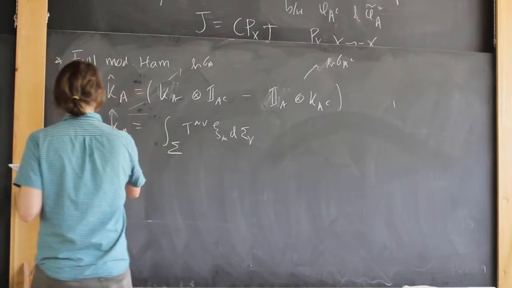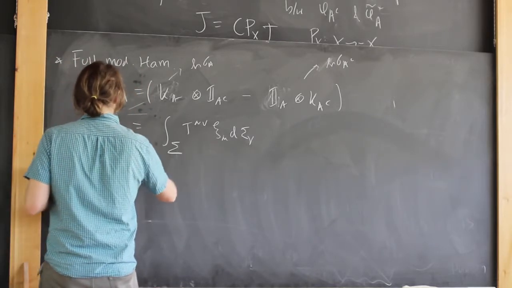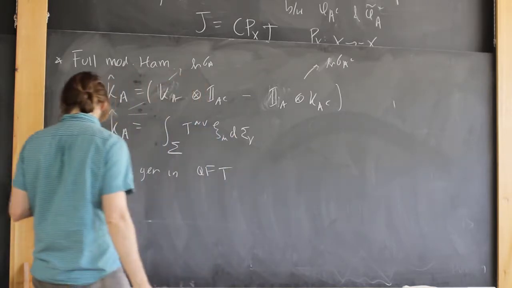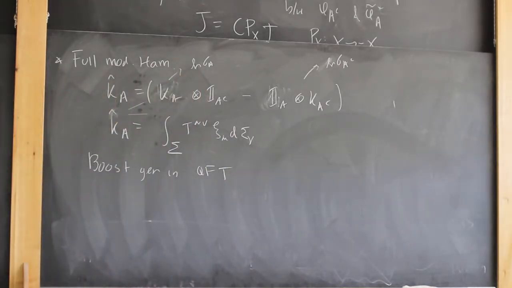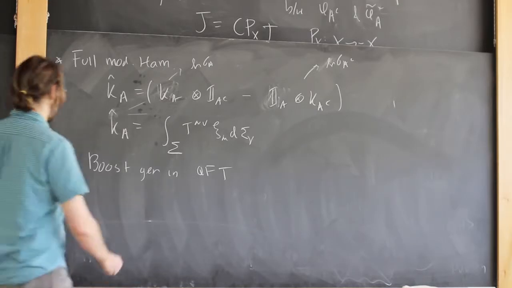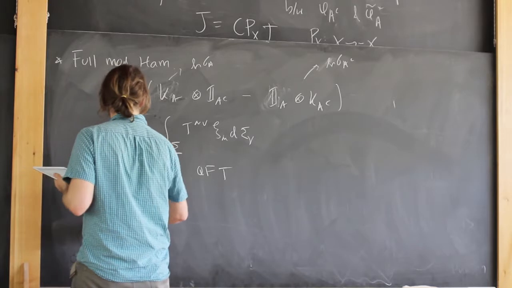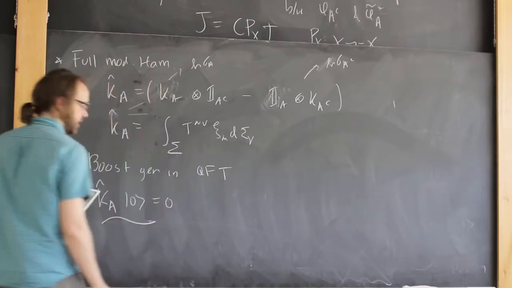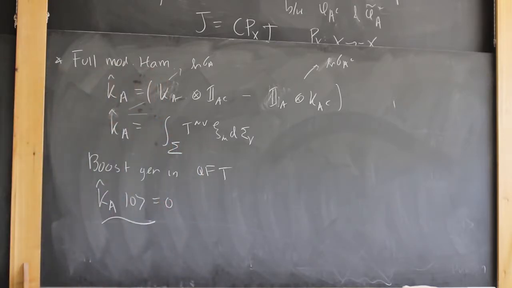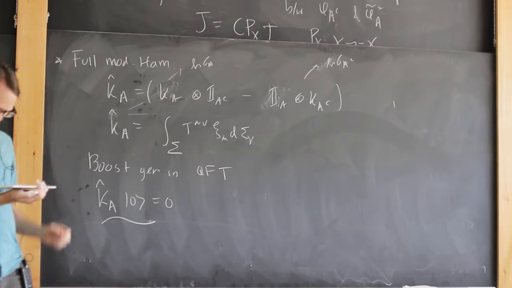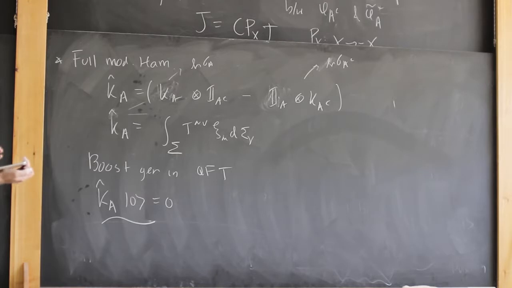In fact, it's the boost generator in quantum field theory. And so, for example, it annihilates the defining state. Okay, that's sort of obvious here because it's a boost generator, and if I boost the vacuum, I shouldn't do anything.